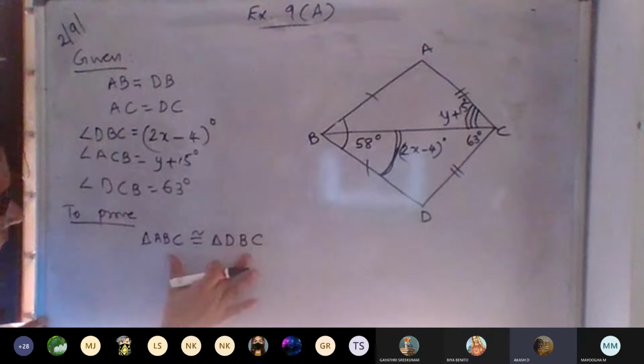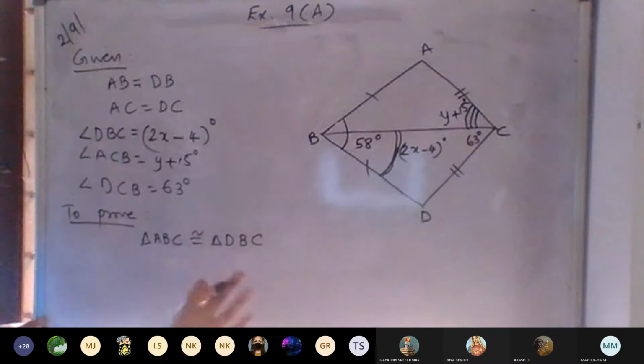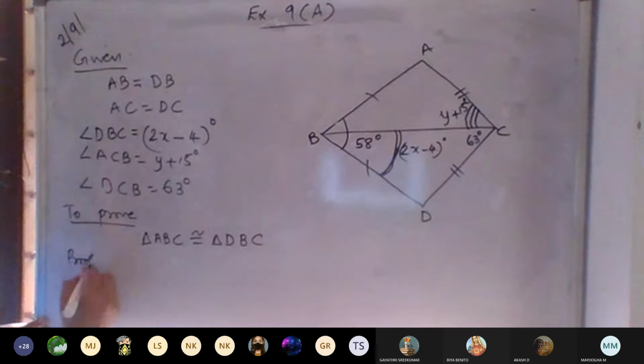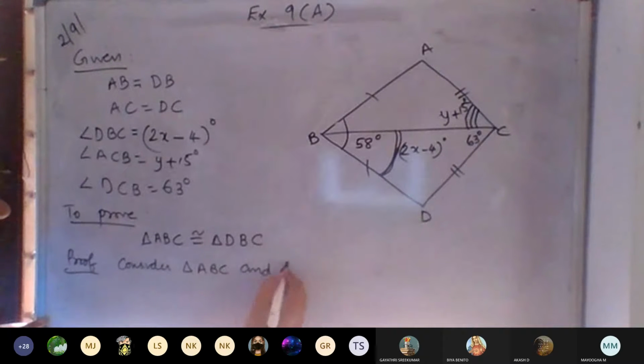This is our main aim, then only we can find the value of x and y. So for congruency, we have to prove these two triangles are congruent. Proof: consider triangle ABC and triangle DBC.